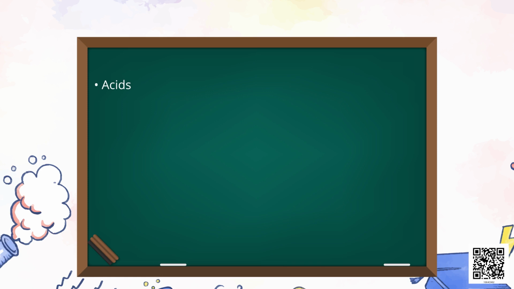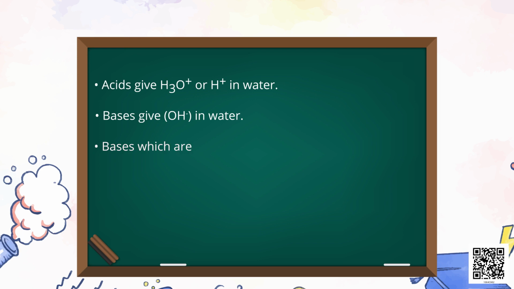Acids give hydronium ion or hydrogen ion in water. Bases give hydroxide ion in water. Bases which are soluble in water are called alkalis.